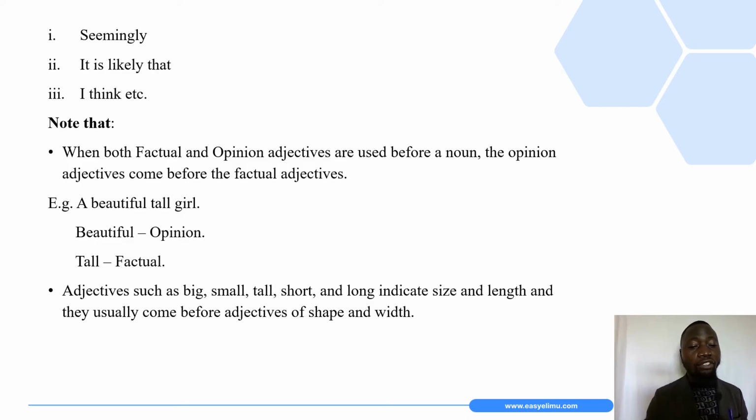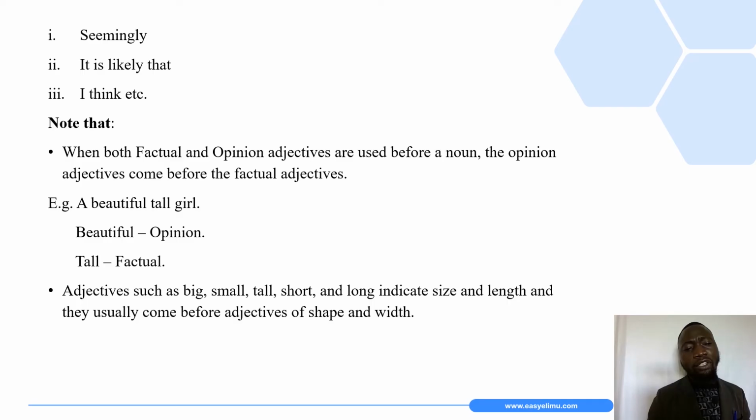If you look at beautiful, beautiful is an opinion adjective because, as the saying goes, beauty is in the eyes of the beholder. So it is an opinion. Beauty is an opinion. I might say that Jane, for example, is beautiful, but there is someone else who doesn't find Jane as beautiful as I think she is.